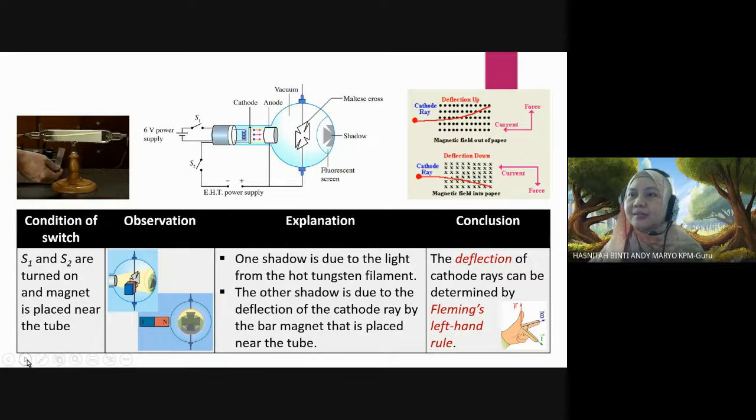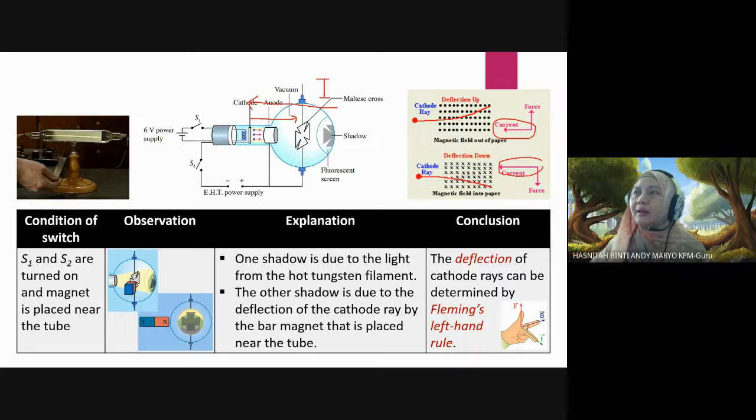So for example, when you place your fingers, our cathode ray always travels to the front, from the cathode, which means that our current always flows in the opposite direction as shown here.